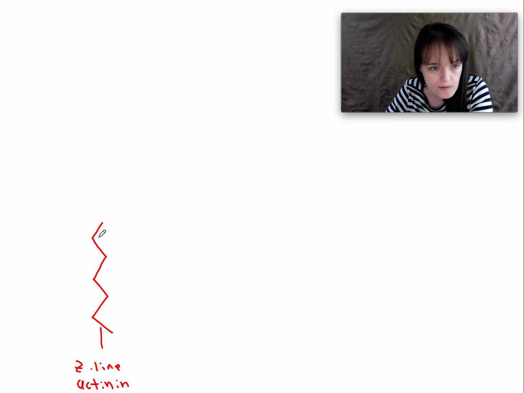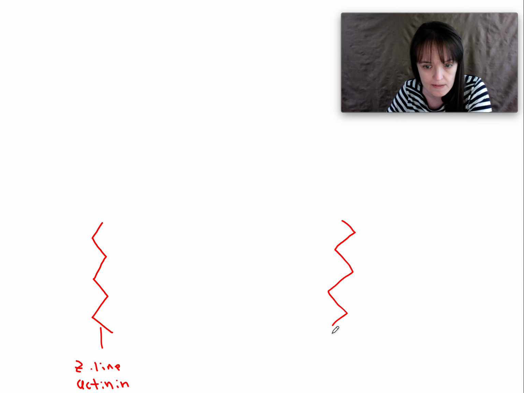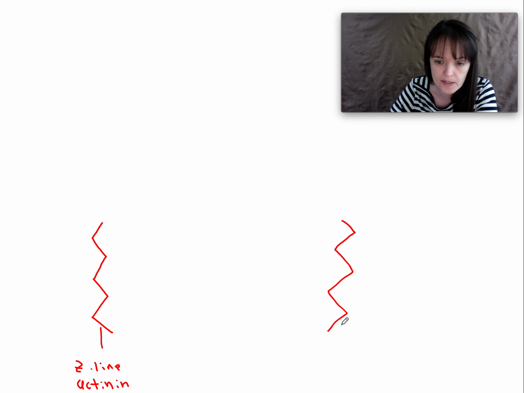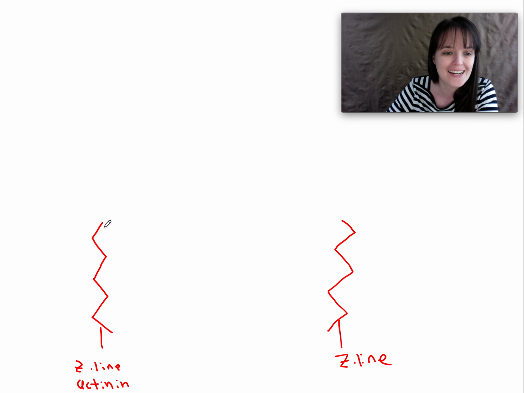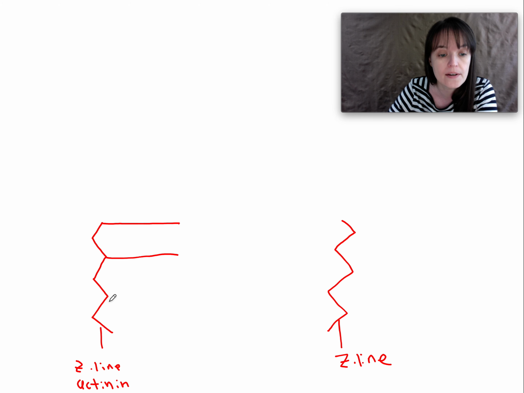And now we make another one. So the part that faces in, out, in, out, in, out, in, so that these match up. And here's another Z line. And what's attached to the Z lines? Attached to the Z lines are your thin filaments.